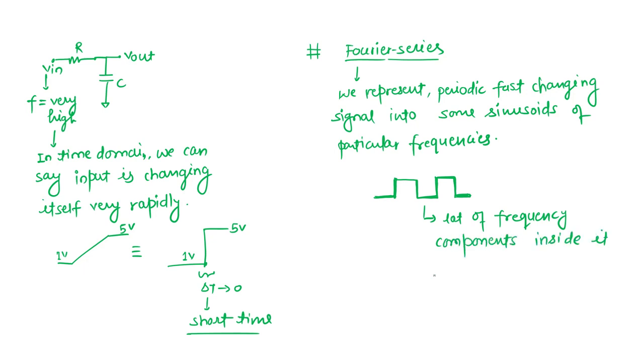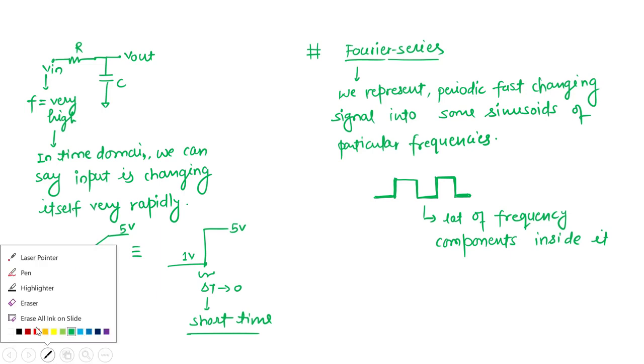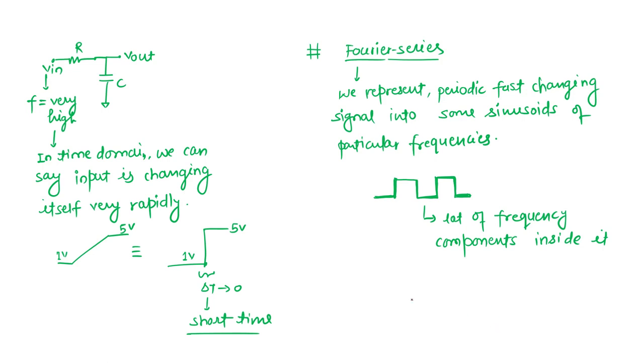If I am merging sinusoids of various frequencies, this is one slow sinusoid, and after this one more sinusoid of higher frequency, after that one more sinusoid of some higher frequency. So now we are combining all these sinusoids.